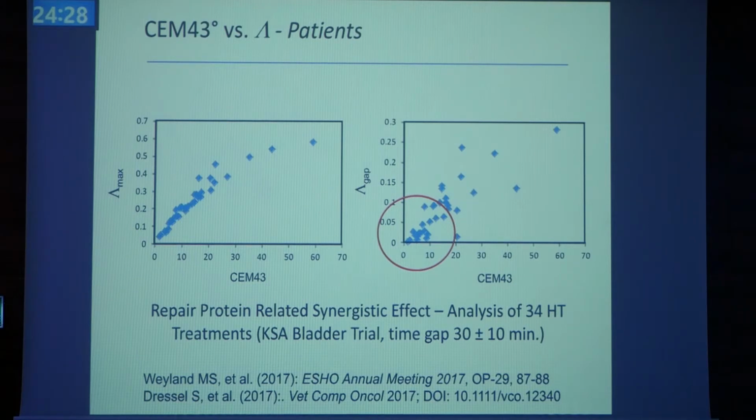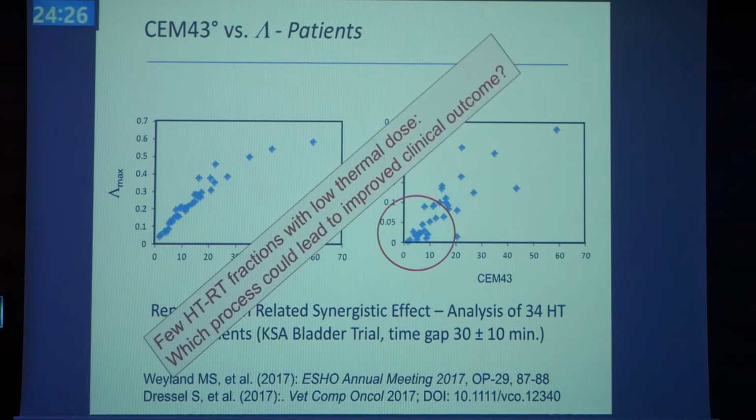And we have success. So the question is, when we have a lot of fractions with low thermal doses, and when we combine a few fractions of the radiation therapy course with hyperthermia, what the hell is doing the effect?